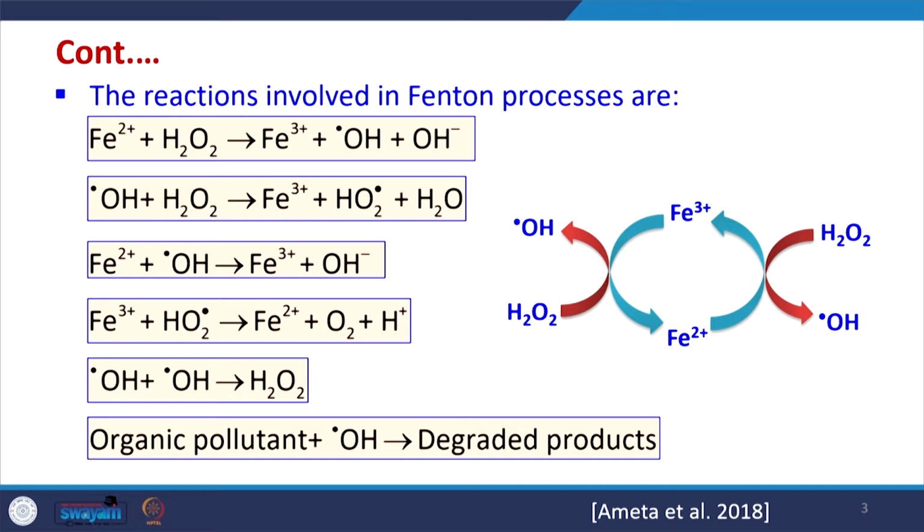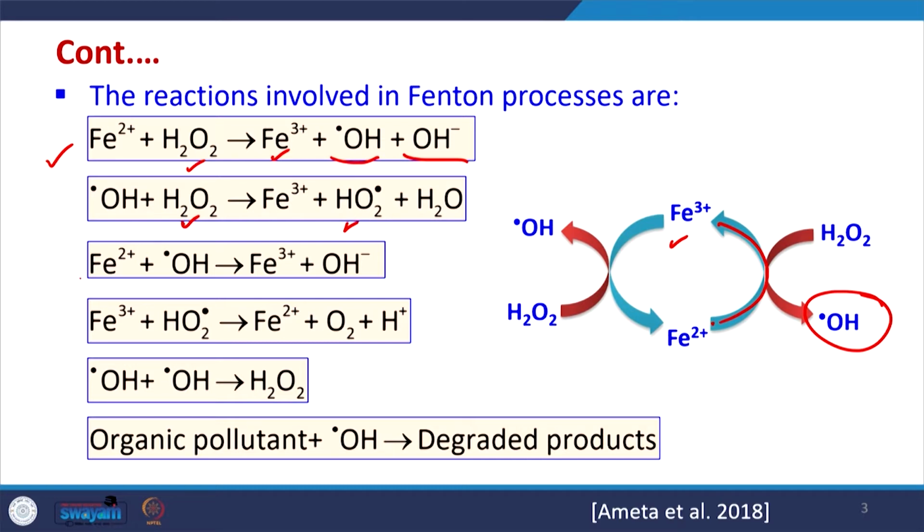Fe2+ may combine with hydrogen peroxide to form Fe3+, the OH radical and OH- ion. This radical may also combine with the hydrogen peroxide itself and give back the Fe3+ ion and some other types of radical.